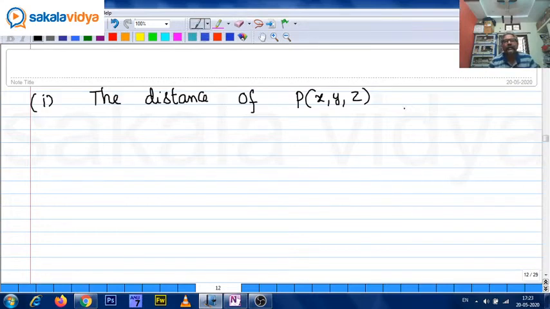Distance of P(x, y, z) from the yz plane.